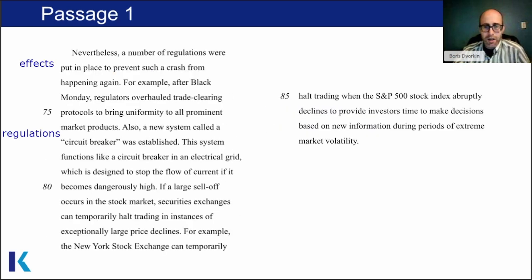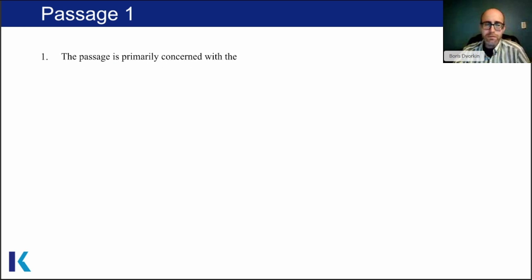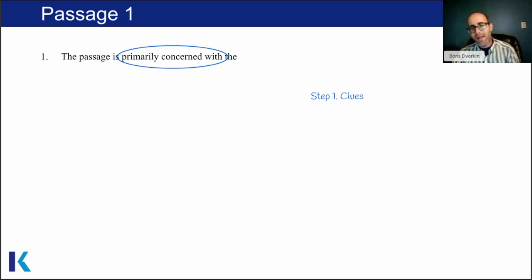So question number 1. The passage is primarily concerned with. Well, step 1, clues. It's the fact that you're asked about the primary concern of the passage. Let me know in the chat, folks, what must be in the correct answer? What absolutely, positively must be in the right answer, or else there's no way that choice is a primary concern of the passage?